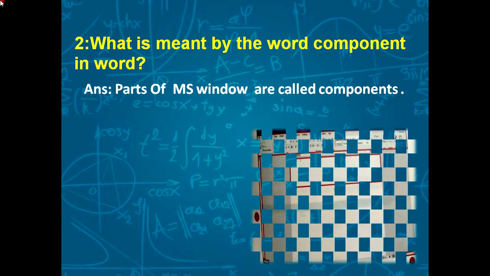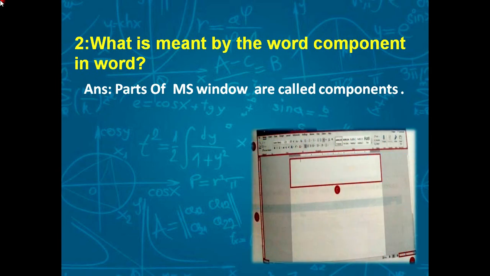Here you can see the picture, and the highlighted area defines the components. The page, the document where you write something, the toolbar you use to insert something, and on the side you can see the titles, the caption bar, and the ruler as well. So these are all the components of your Microsoft Word window.